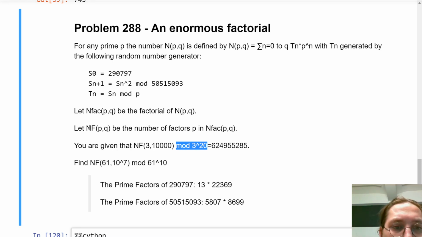We're doing this wrong, Atef. I think we thought the mod applies to the factorial. It doesn't. It applies to the number of factors. So we need the actual number of factors in the full factorial.